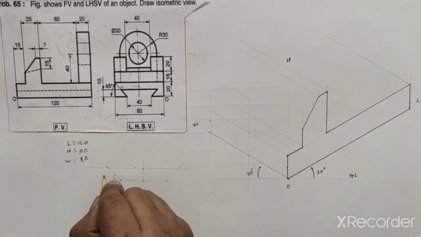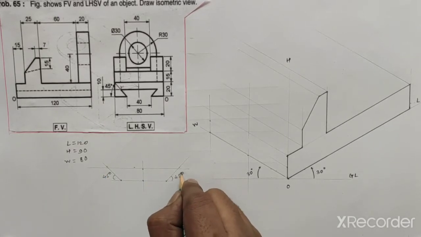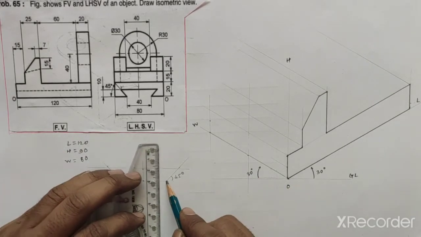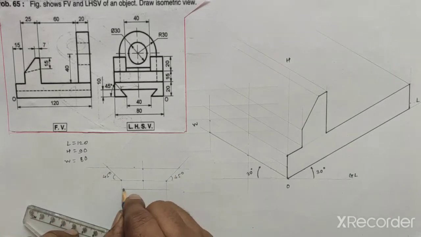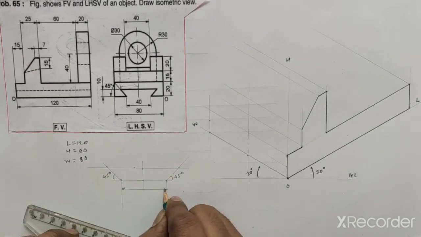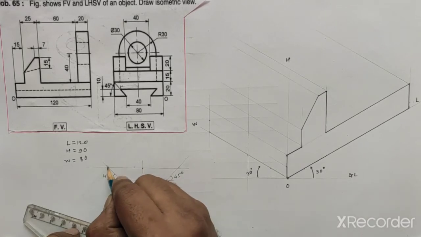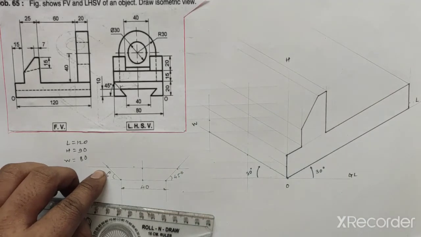So this angle is a 45 degree angle, this angle is a 45 degree angle, and from the center this distance, we know the distance exactly 40 mm.